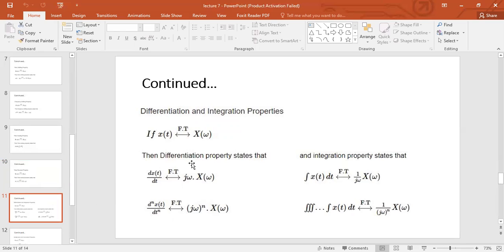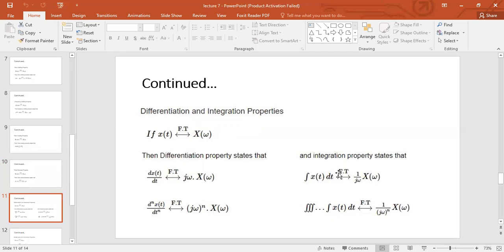Okay, we can see the differentiation and integration properties also. We can see the situation of differentiation property here. When there is d by dt of x of t, then it converts to j omega into x of omega. And here the integration property.